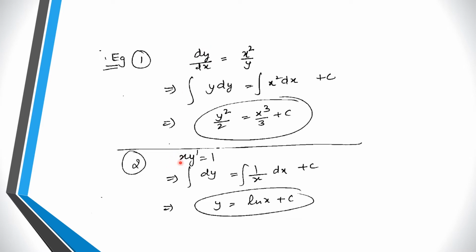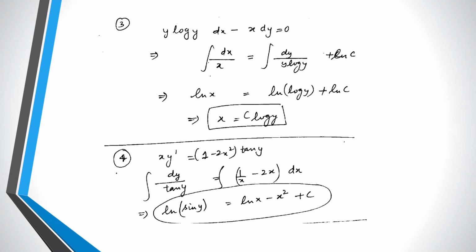Similarly, if the equation is of the form x y prime is equal to 1, again in this case we can separate the variables and then integrate it and we will have the solution. Same with this example, y log y dx minus x dy equals 0, and x y prime is equal to 1 minus 2x square tan y.